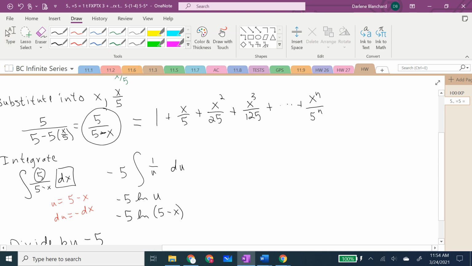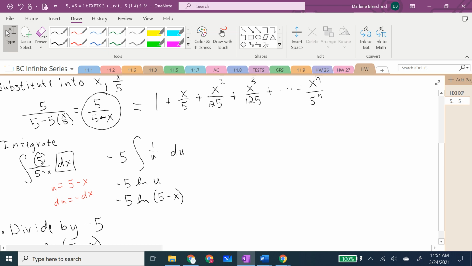So then I am getting to the point of being equal to this series that I have here. But when I'm solving an indefinite integral, this is where I'm getting that plus c. So I've got c plus, and then integrate x squared over 5 times 2, and so on.